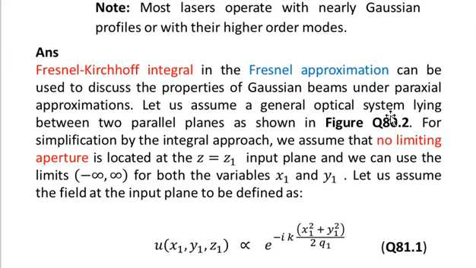Let's assume a general optical system lying between two parallel planes as shown in figure 80.2. For simplification, by the integral approach, we assume that no limiting aperture is located at the z is equal to z1 input plane, and we can use the limits from minus infinity to plus infinity for both the variables x1 and y1.